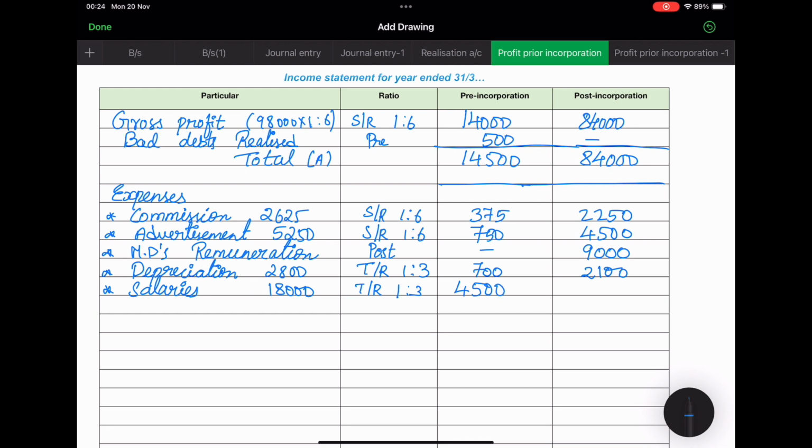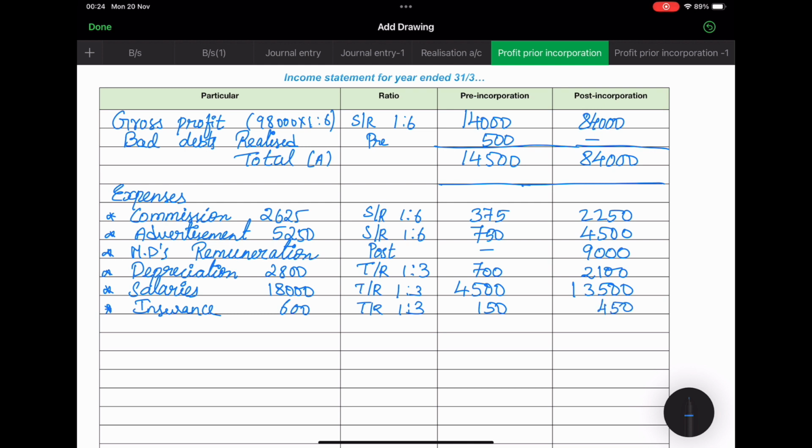Next, 13,500. Next, insurance. So insurance is also on the time ratio 1:3. So insurance value is 600. So 600 into 1 by 4, that is 150, and 450.